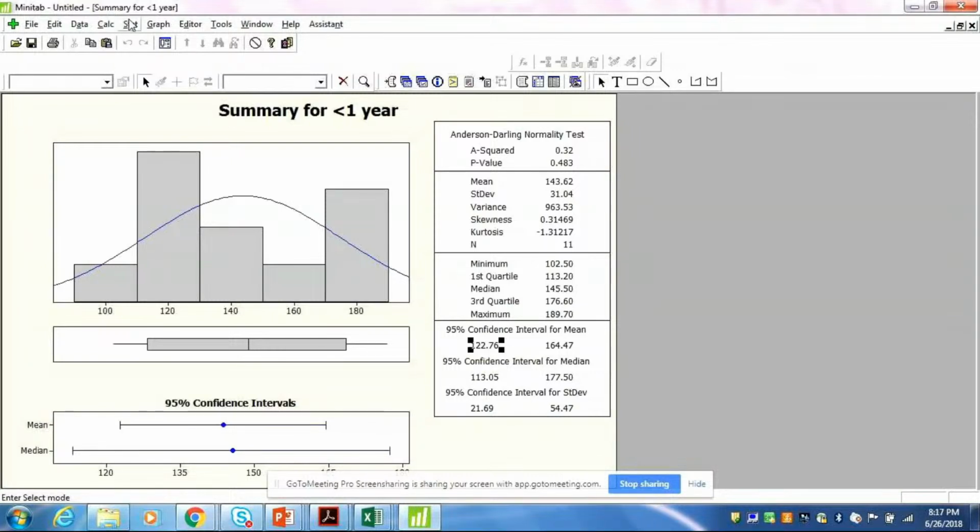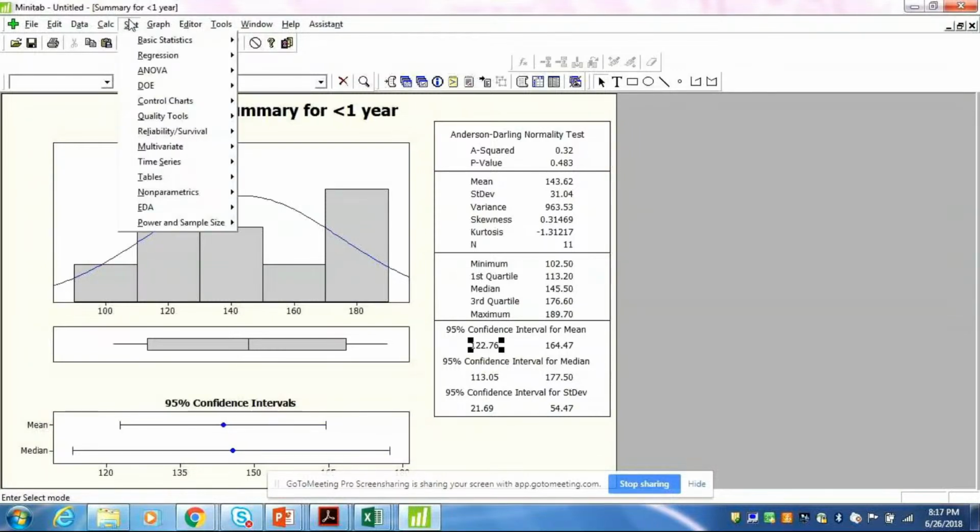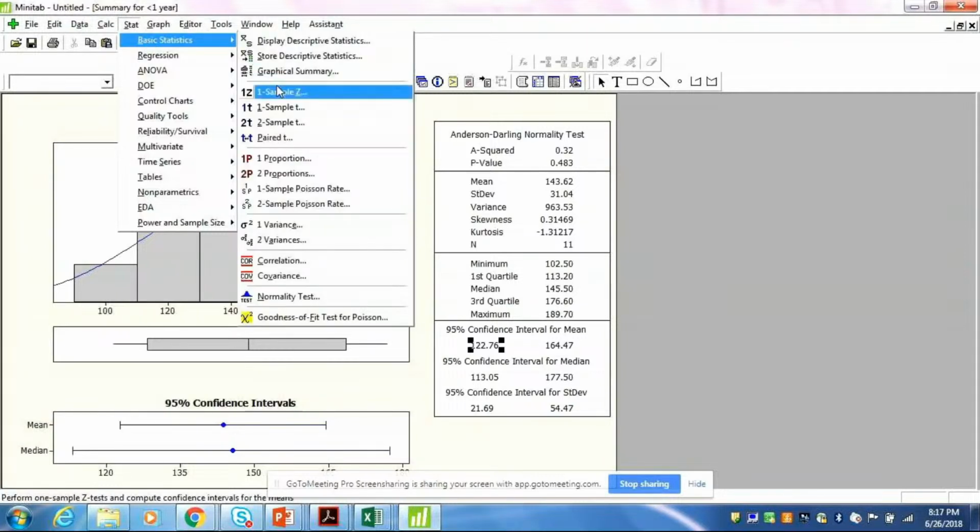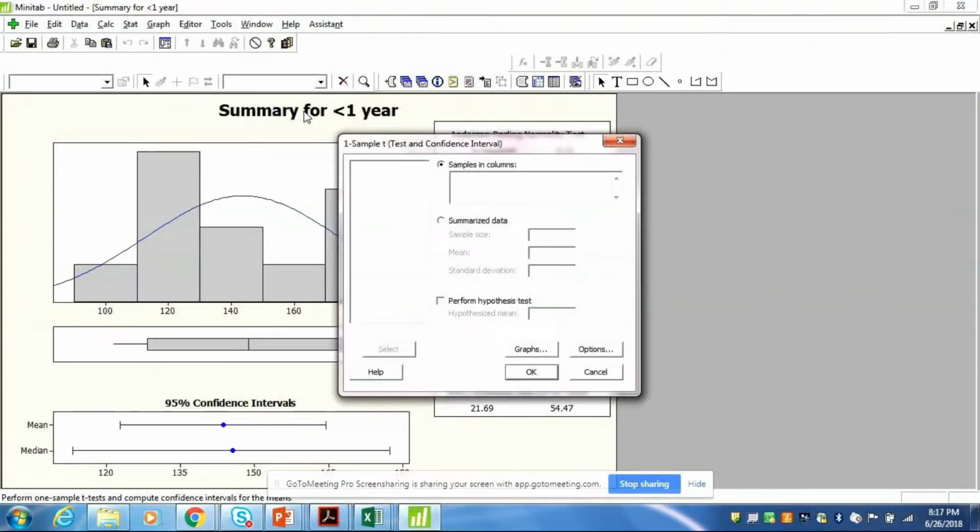And let's see if it's a significant target. So for that you need to go to basic statistics, one sample T. Okay, you click here, you would get the data that you have in the data sheet. You getting it?